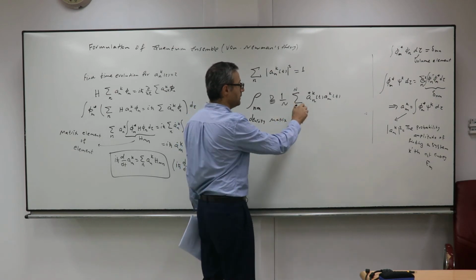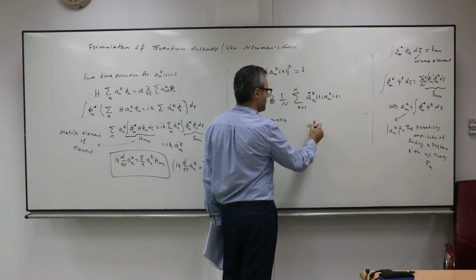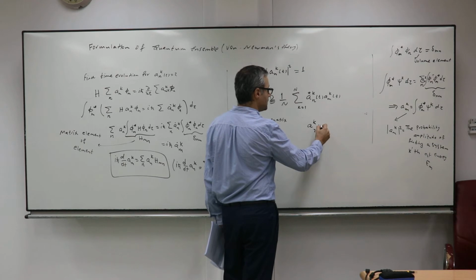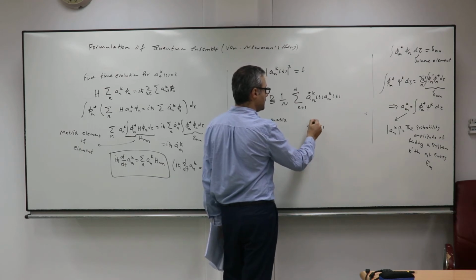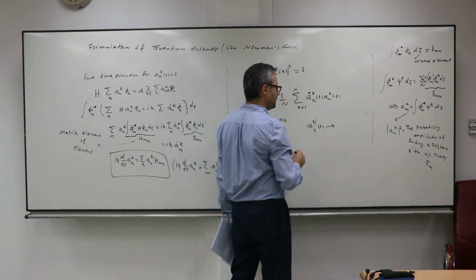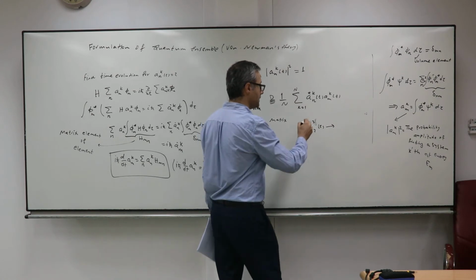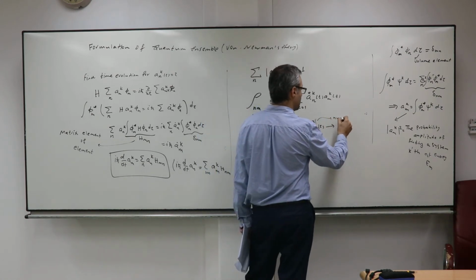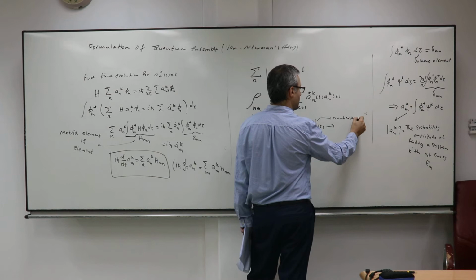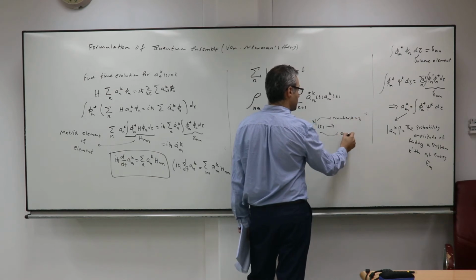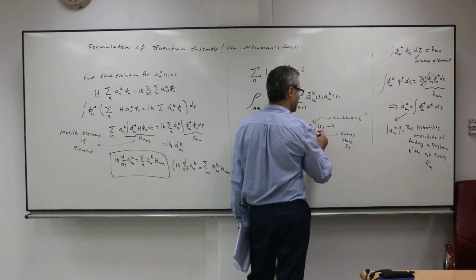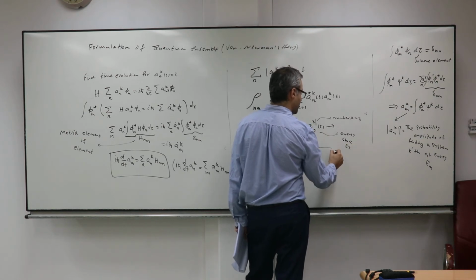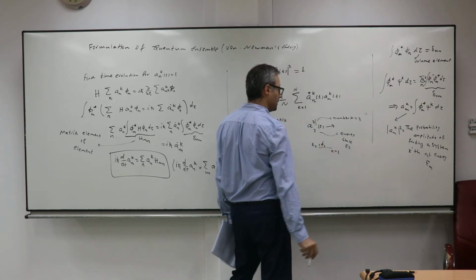For example, A k2, A k3 means the amplitude of finding the system number k at the energy state, for example E2, if you relabel that to the energy or to the state of E2. Anyway.